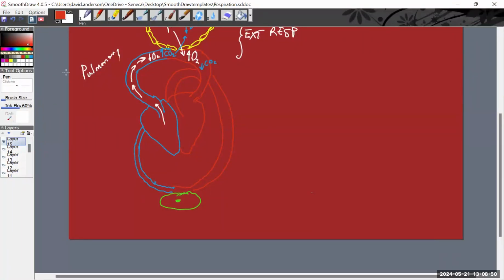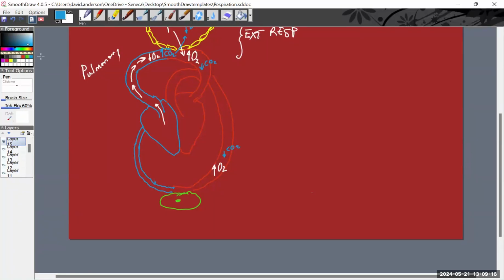Right? So down here, we have blood that is high in oxygen and low in CO2.